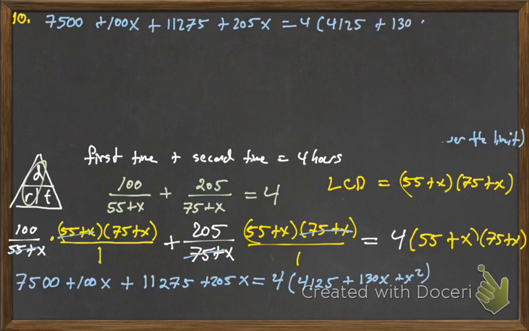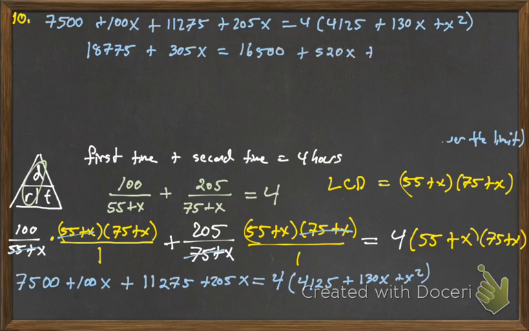Okay, so just rewriting the problem now. We're going to distribute the 4 and then also combine like terms. So 18,775 plus 305x equals 16,000 something plus 520x plus 4x squared. This is quadratic, so we would like to set it equal to 0.